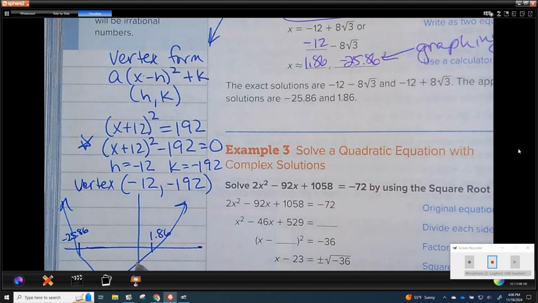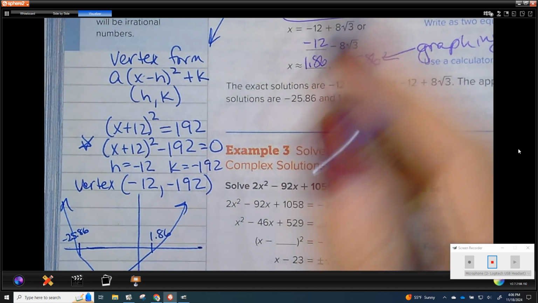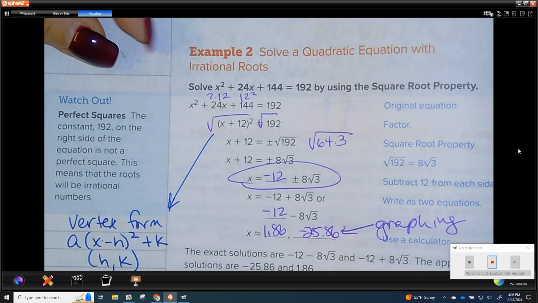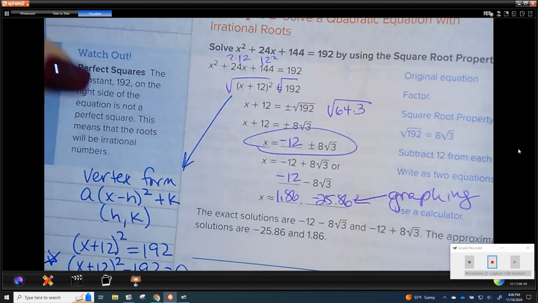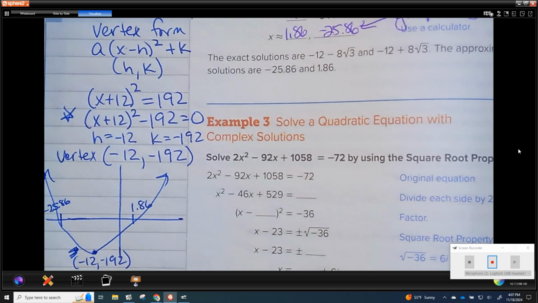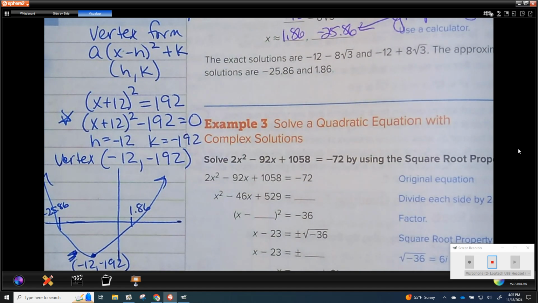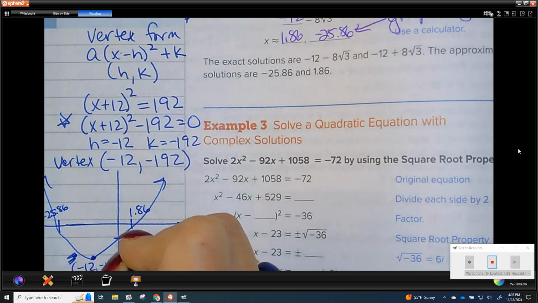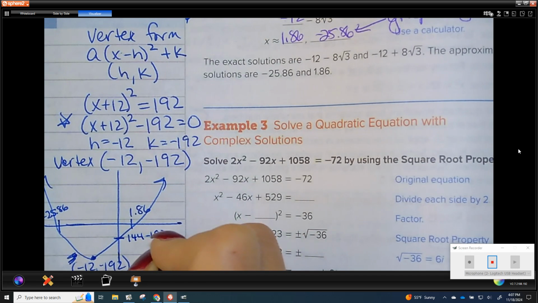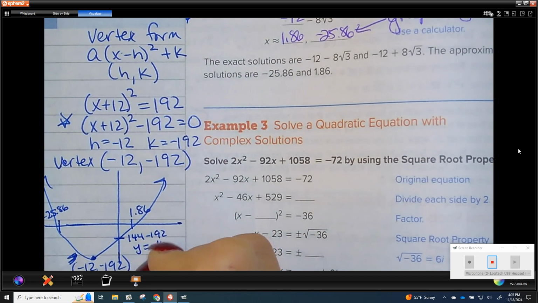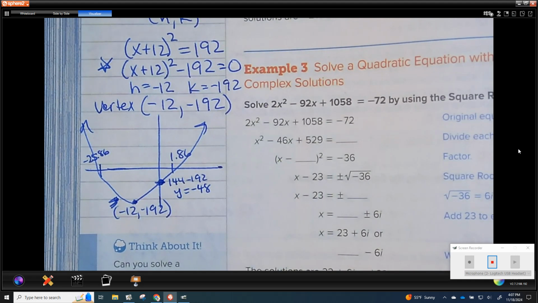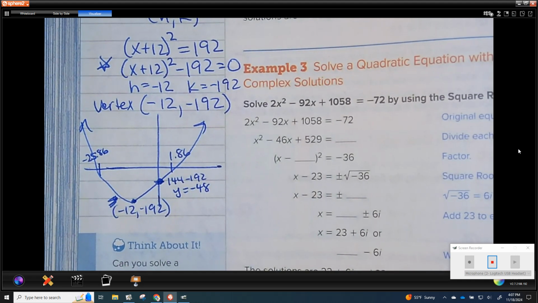Your y-intercept would be, you'd have to do 144 minus 192 to get your y-intercept, your c. So y equals negative 48. That's your y-intercept. Okay? So you could sketch it really easily with vertex form.